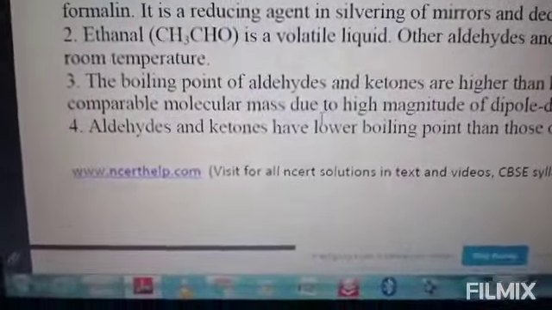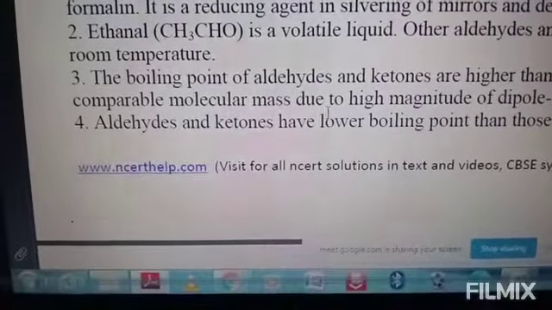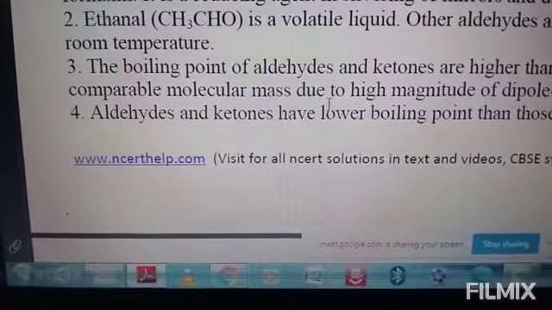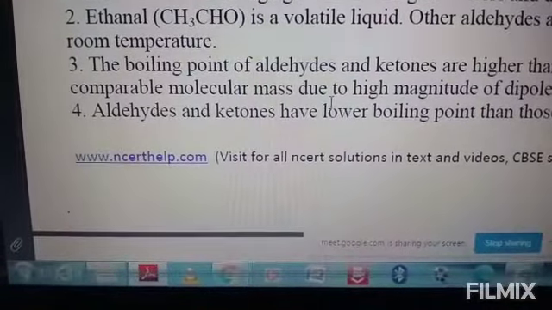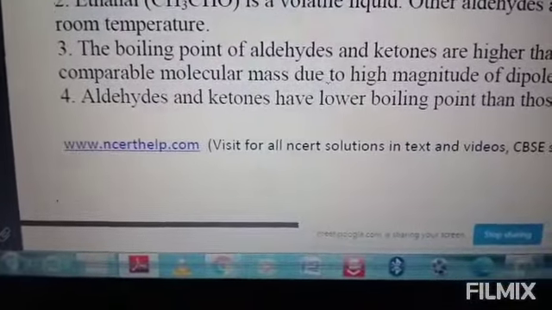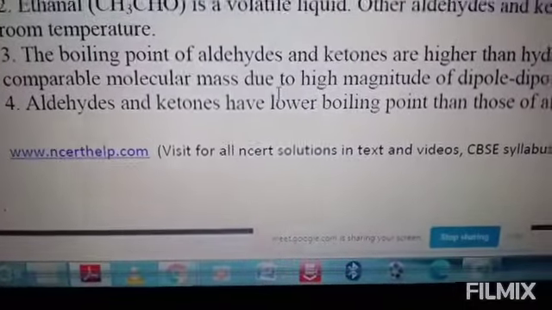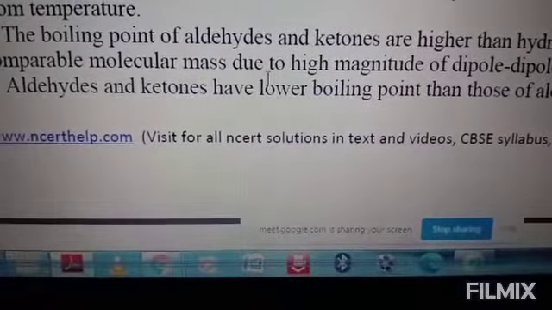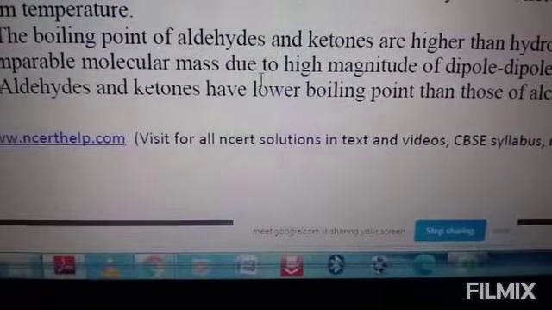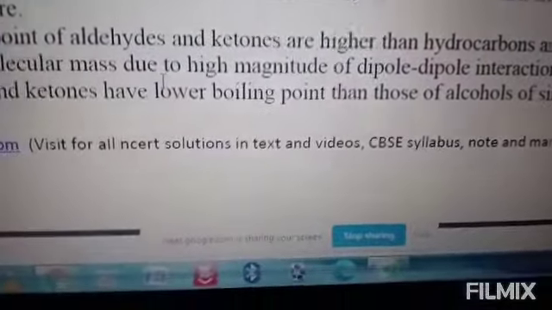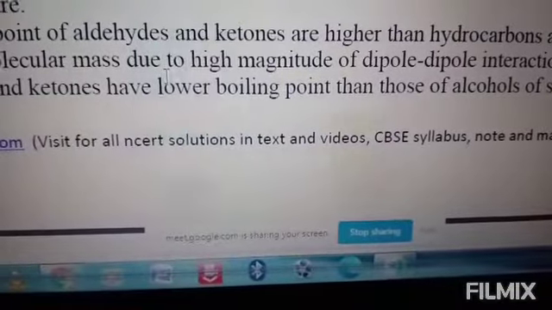In hydrocarbons you have only van der Waals force, whereas in aldehydes and ketones, because of the high electronegativity of oxygen, we have dipole-dipole interaction. The force of dipole-dipole interaction is more than van der Waals force. That is why aldehydes and ketones have higher boiling points than hydrocarbons and ethers of the same mass, meaning the same formula. So you need to understand it.